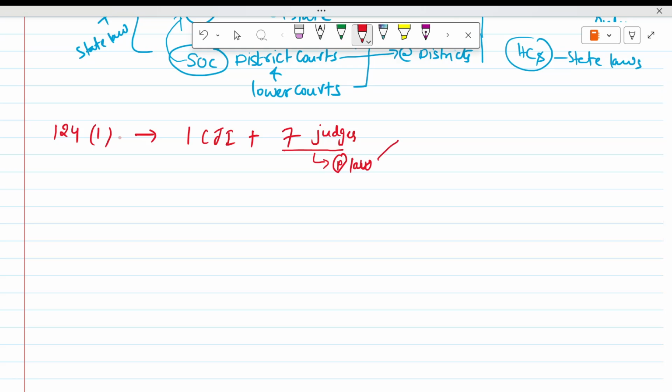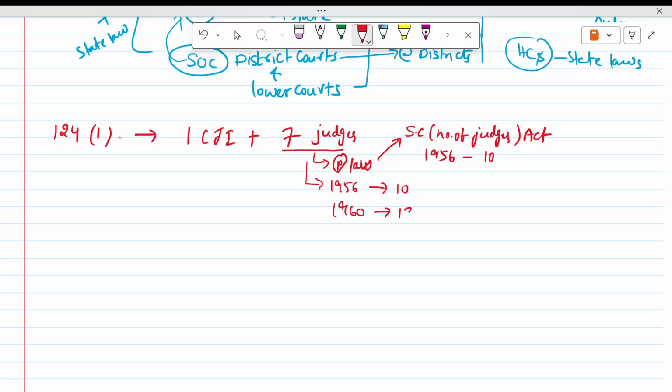In that regard, there is the Supreme Court (Number of Judges) Act. This came in 1956, when the 7 became 10. Currently it is 1 plus 7. So in 1956 it became 10.